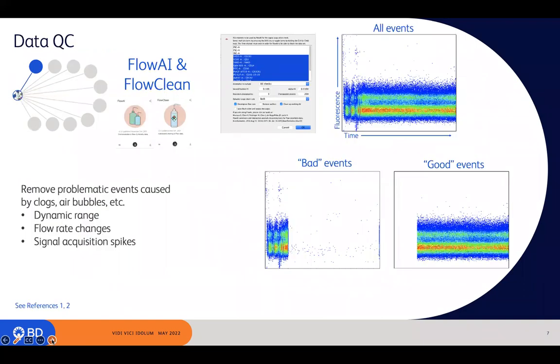Okay, so let's talk about data quality control, because it's very important, but sometimes I feel like people don't spend enough time reviewing it. The example I put in front of you here is a flow cytometry file that has a clog in it. In the first few seconds of acquisition, you can see these striated lines. You can see data points here that are shifted downward relative to the rest of the acquisition.